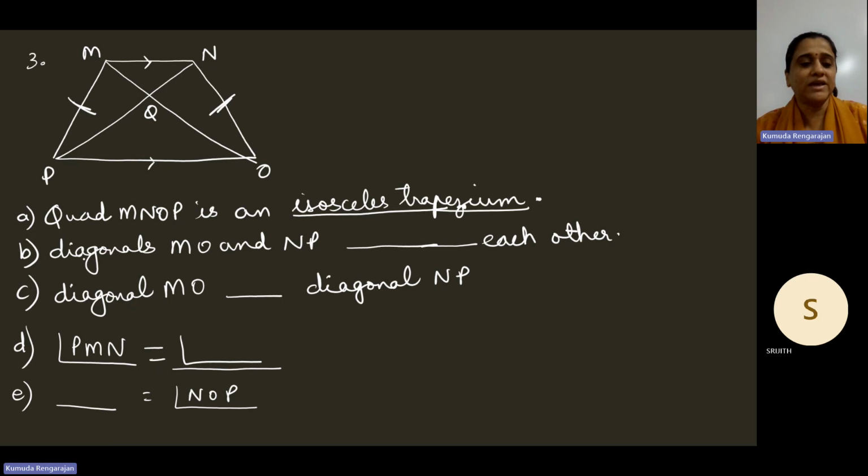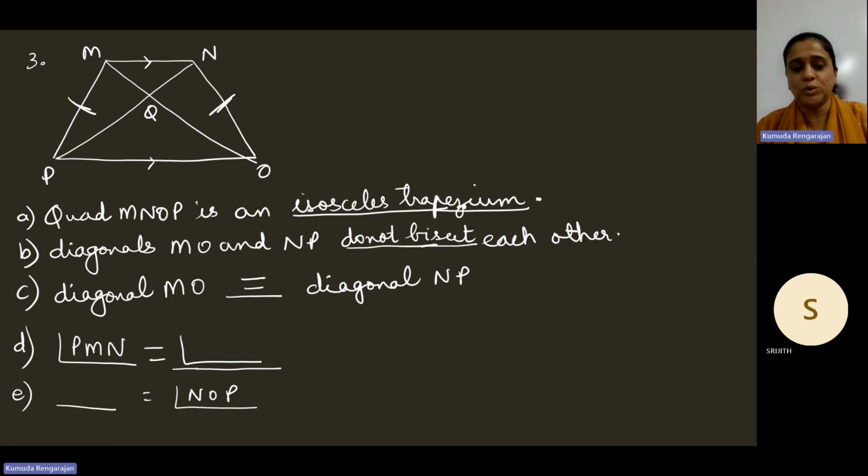Okay, so here's the second one. Diagonals MO and NP do not bisect each other. Diagonal MO is equal to diagonal NP only in an isosceles trapezium, not in every trapezium. Because it's an isosceles trapezium, the diagonals are equal. Angle PMN is equal to this.